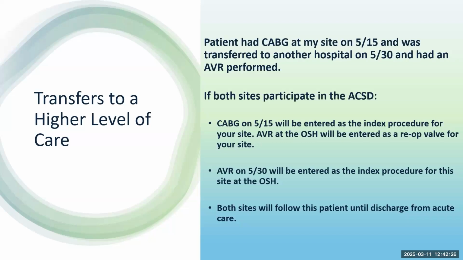So the CABG on 5/15 will be entered as the index procedure for your site. The AVR at the outside hospital will be entered as a re-op valve for your site. The AVR on 5/30 will be entered as the index procedure for the outside hospital for their site.